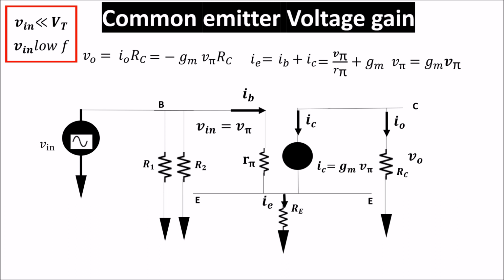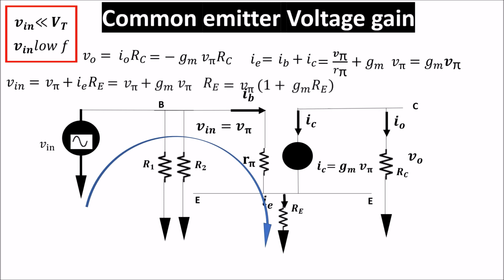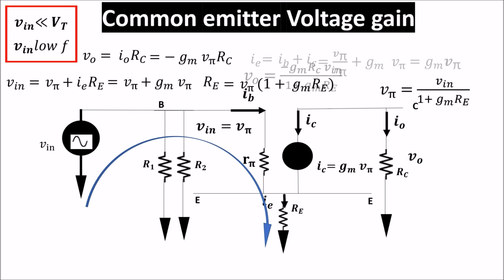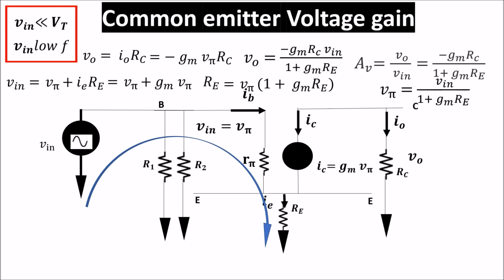Now we should relate V pi to V in, writing the Kirchhoff voltage law to this circuit. So we can write that V in is the sum of V pi and VE, so IE times RE, which becomes this, remembering IE is equal to IC, so Gm times V pi. Now we have V pi as function of V in, so remembering that V out is minus Gm Rc times V pi, we have that V out is this, and the voltage gain, V out divided by V in, is this one.